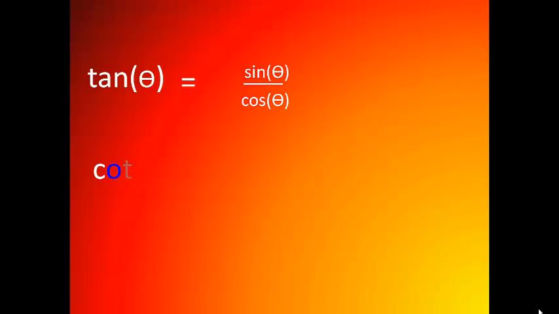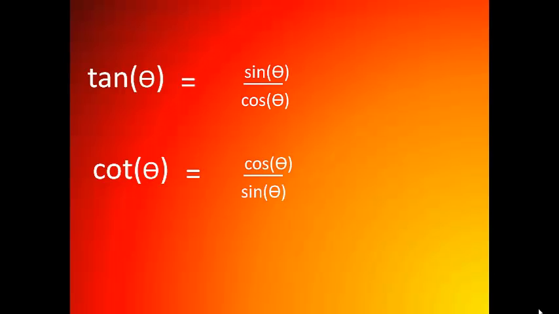Also we studied that tan theta is equal to sine theta over cosine theta. So that means we can replace tan by sine over cosine, and similarly, we can replace cotan by cosine over sine.